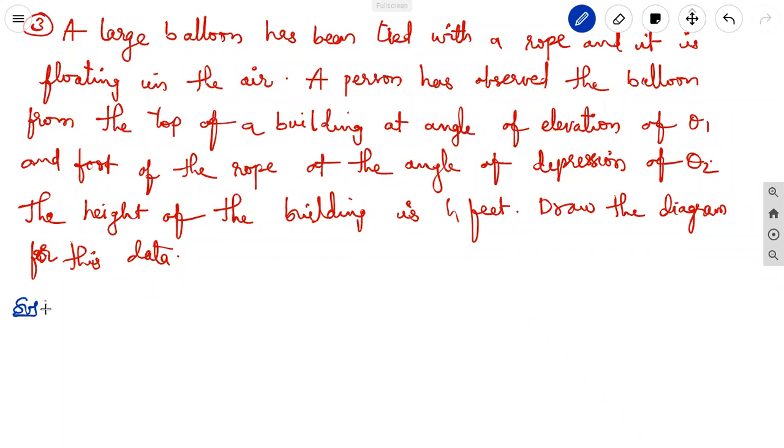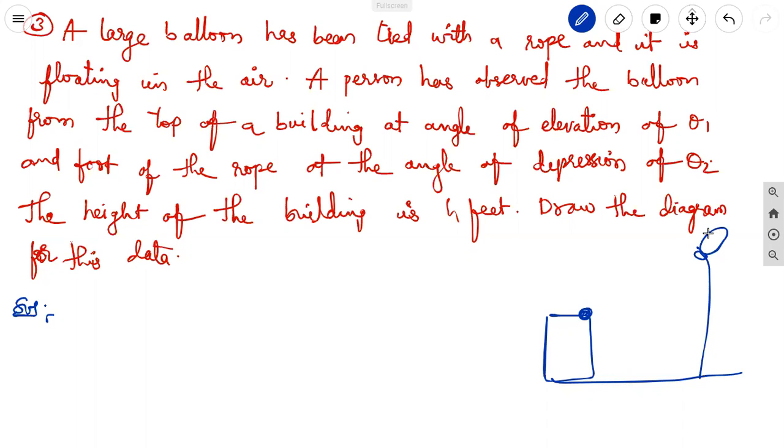First, to read out the problem: A large balloon has been tied with a rope and it is floating in the air. This is a balloon floating in the air. A person has observed the balloon from the top of a building at an angle of elevation. This is the top of the building. This is the rope tied to the balloon. And he or she is observing from the top of the building.